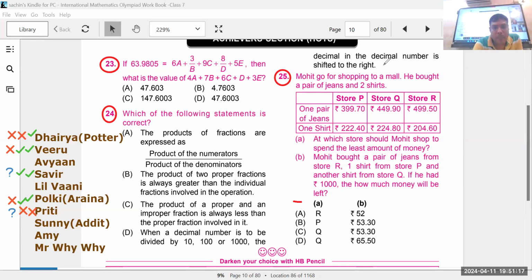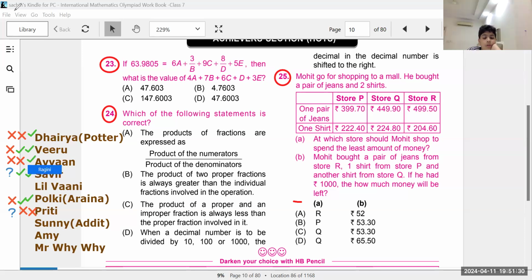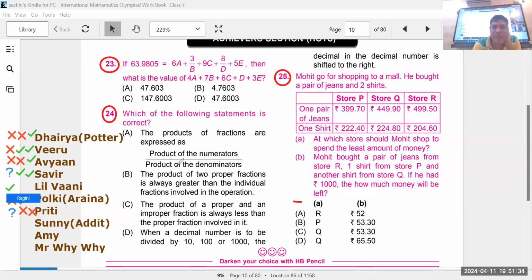The product of fractions is expressed as product of numerators over product of denominators. Is it correct or false, Pritesh? This one: the product of fractions is expressed as product of numerators, product of denominators. Is it true or false?